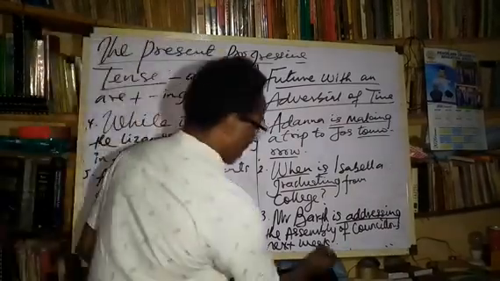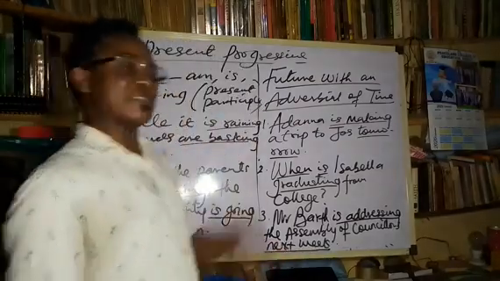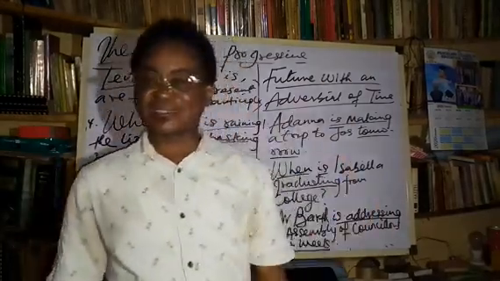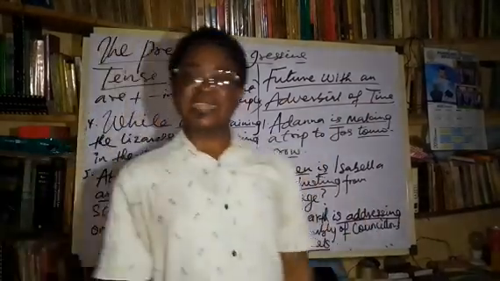When? Next week. So next week is an adverbial of time. It tells us the time in the future when Mr. Bat is addressing the assembly of councillors. So it expresses a future tense.